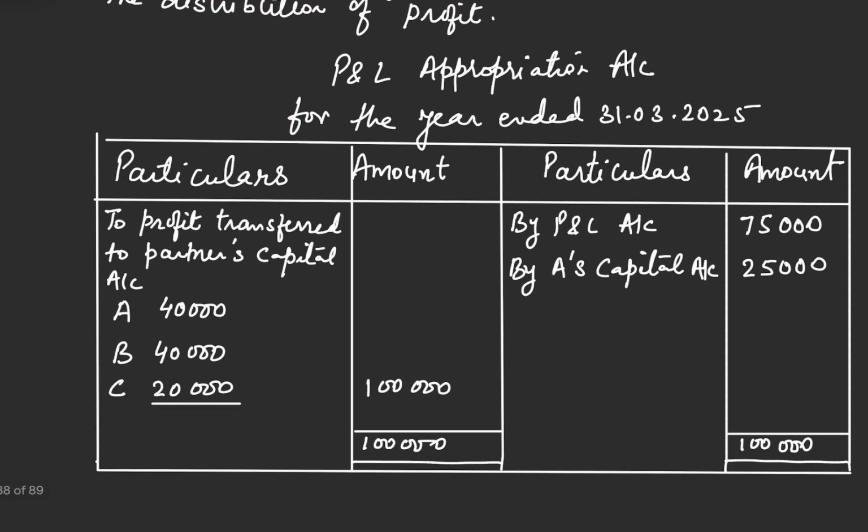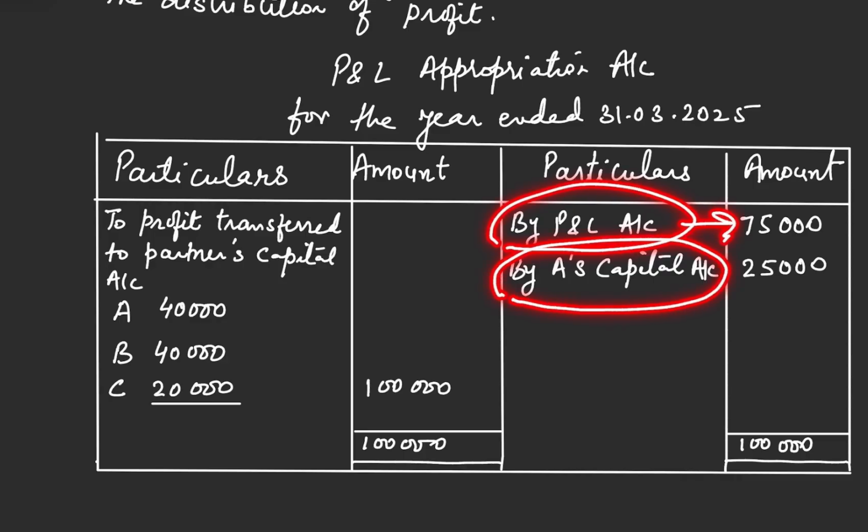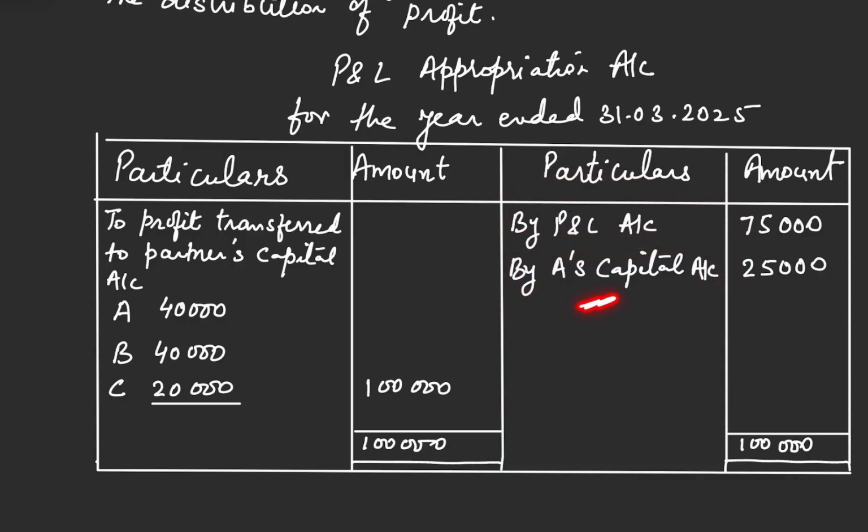Right, so here please see how we are distributing the profit by profit and loss account, rupees 75,000, and then by A's capital account. First of all, by reducing A's capital, he is bearing this deficiency, and this 25,000 is being added to the firm's profit, right? So now the firm's profits are rupees 1 lakh.